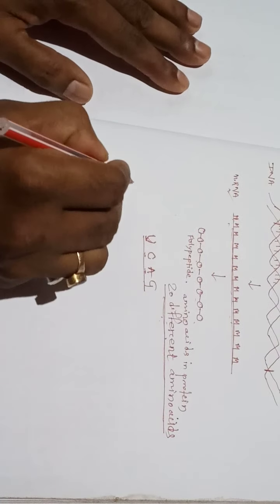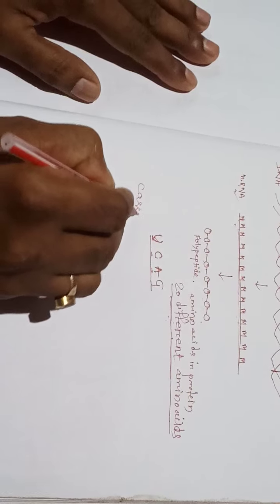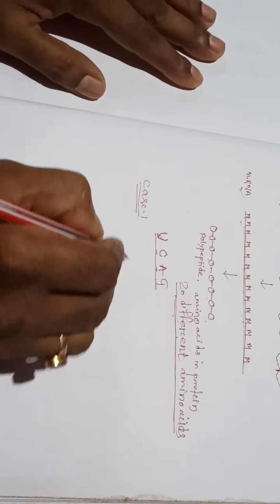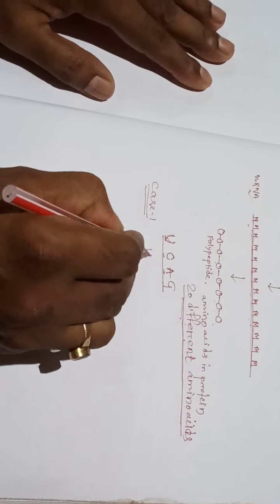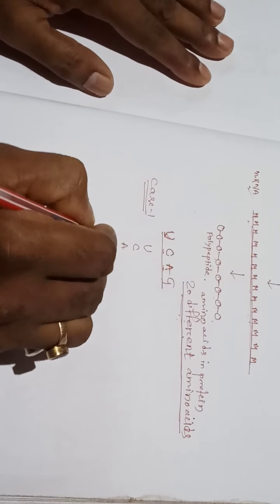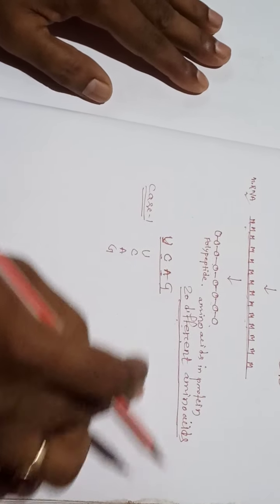So we'll take some cases. First, case 1. We have only 4 types of nitrogenous bases or nucleotides, that is U, C, A, G, and these are hypothetical views.